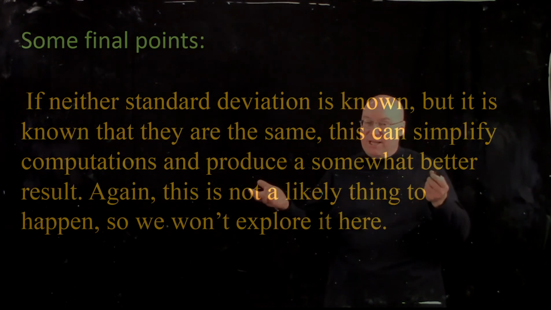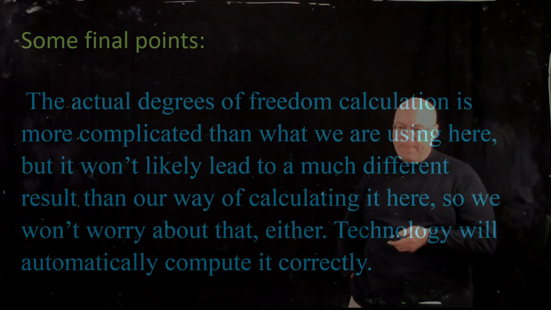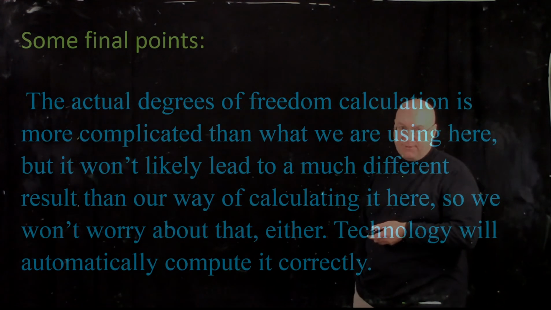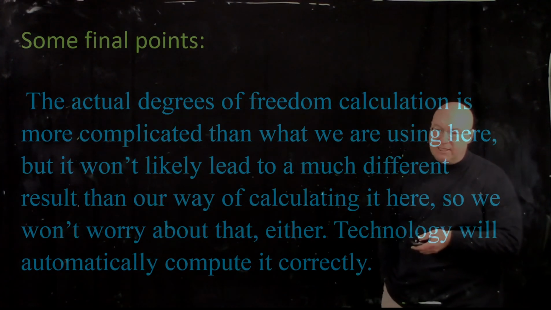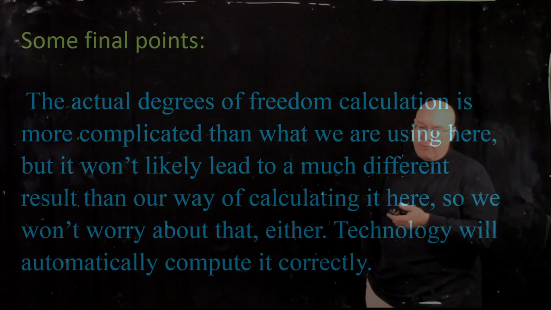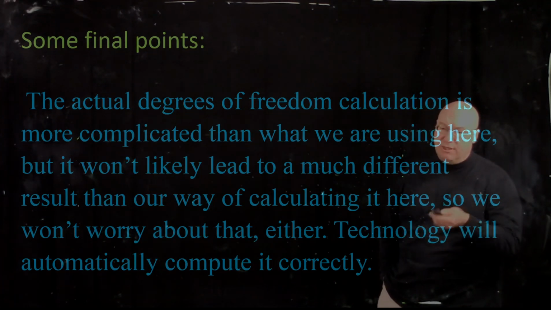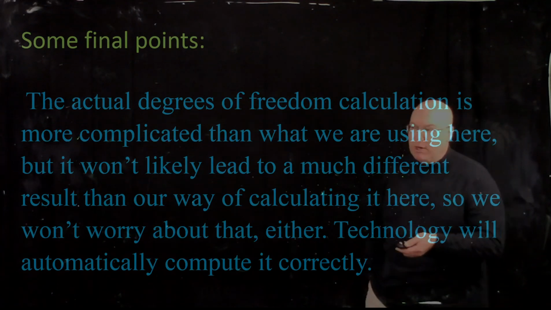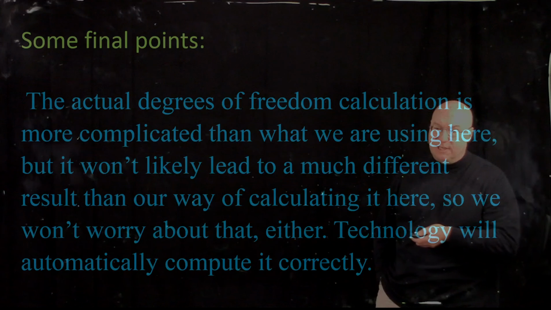Don't know what it is, but it's the same. That just is not that likely to happen, so I'm not worried about it here. The actual degrees of freedom calculation is more complicated than what we are using here, but it won't likely lead to a much different result than our way of calculating it here, so we won't worry about that either. If you use technology, it'll automatically compute it correctly. But what we got is pretty good, for what we're doing, looking things up in tables and such.